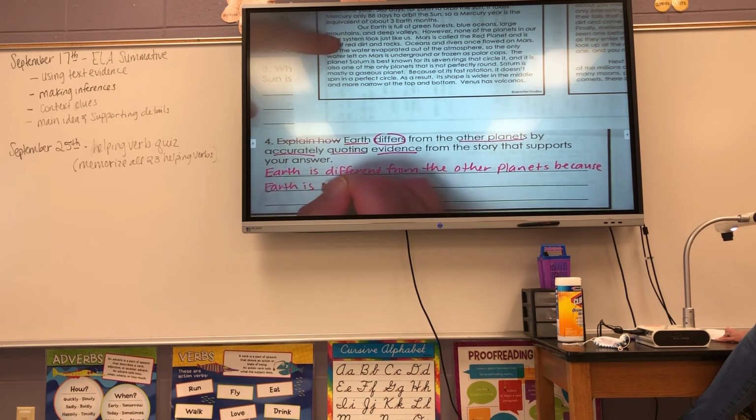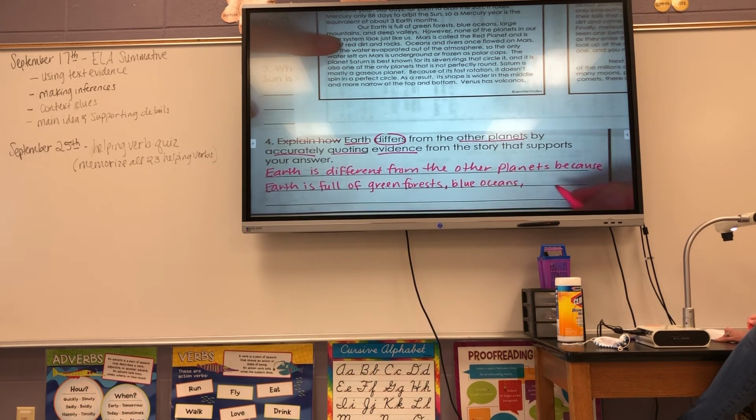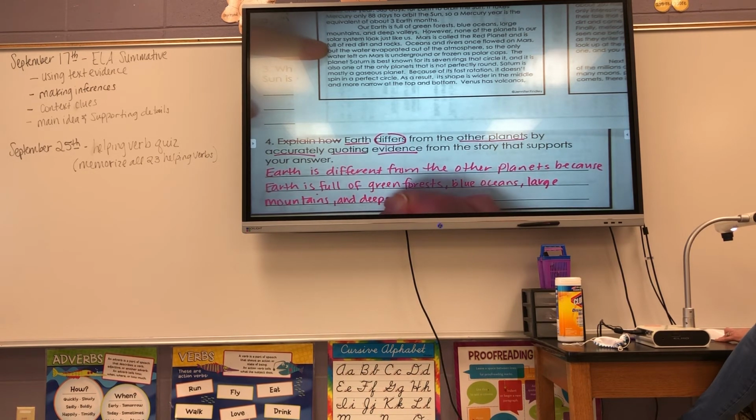is full of green forests, blue oceans, large mountains, and deep valleys. Period.